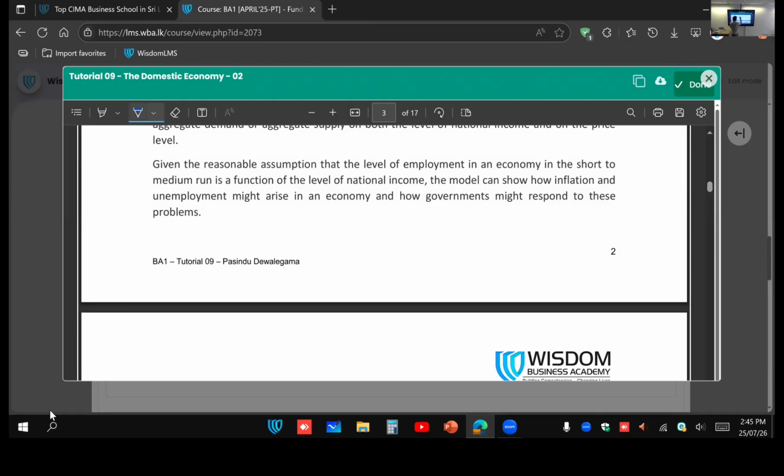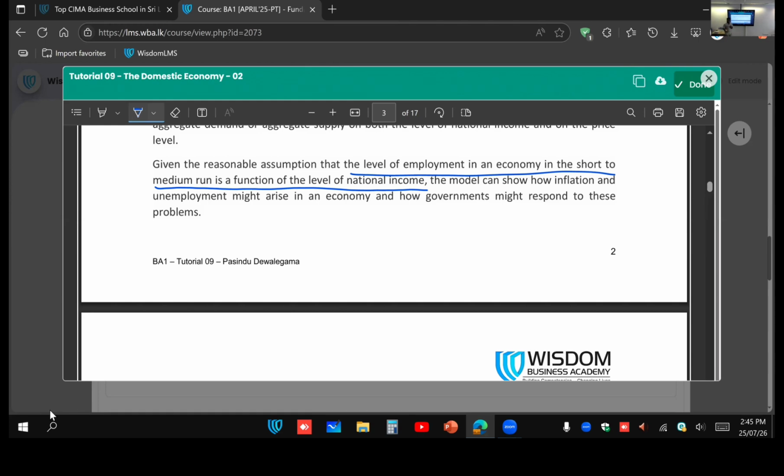The level of employment in an economy in the short to medium run is a function of national income. National income level parallelly decides the employment level also. So increasing the national income of a country means, imagine if almost all the people are employed, that is increasing national income. Why? Increasing national income leads to consumption.